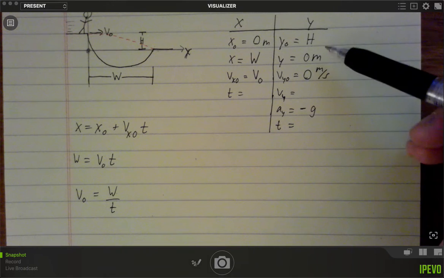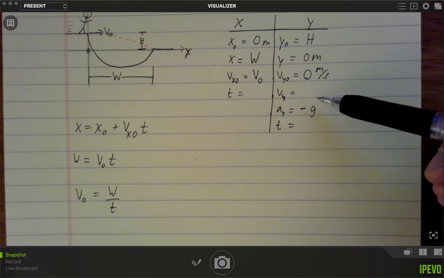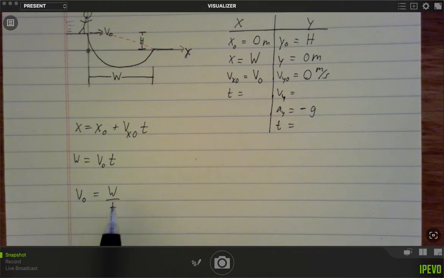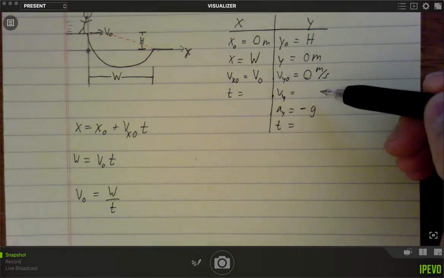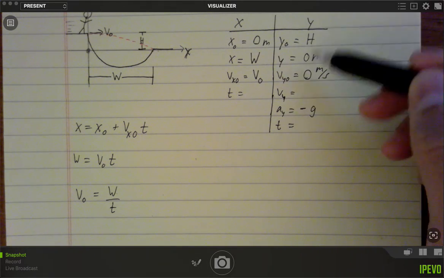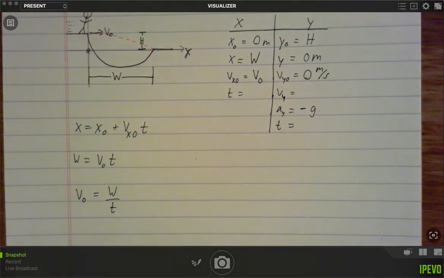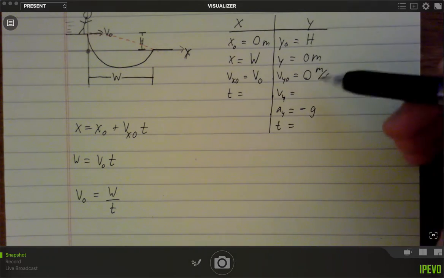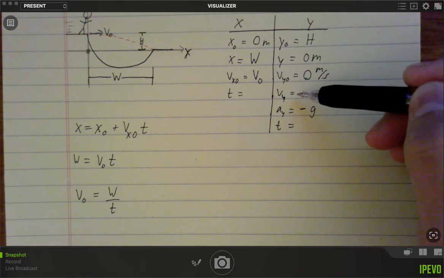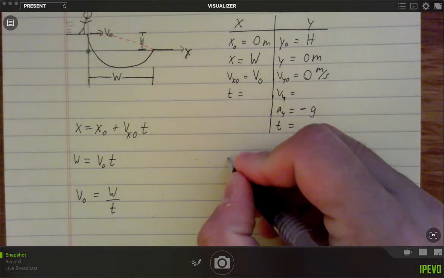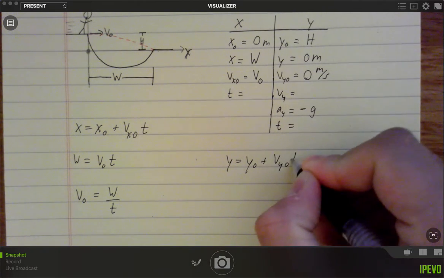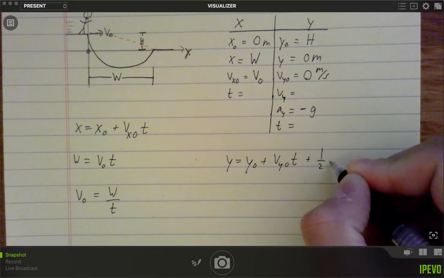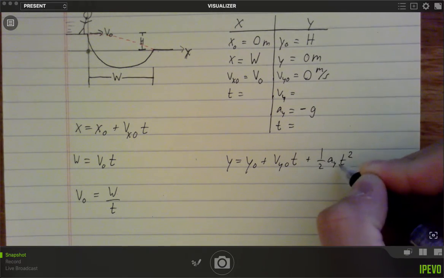I can do that with the y direction. I can save this for now, and I kind of have my goal. I know that I need to get rid of that t. If I use the y direction, I can substitute t equals something into this expression. For the y direction, I notice that I'm not involving Vy, so I'm tempted to use this equation just because this is the equation where Vy is missing.